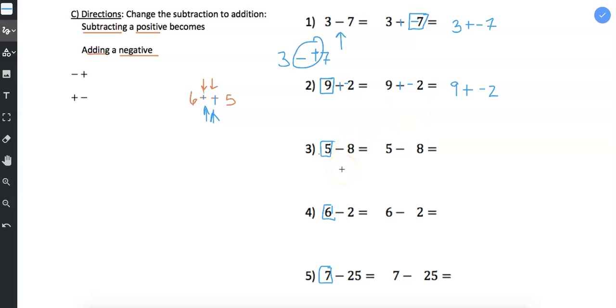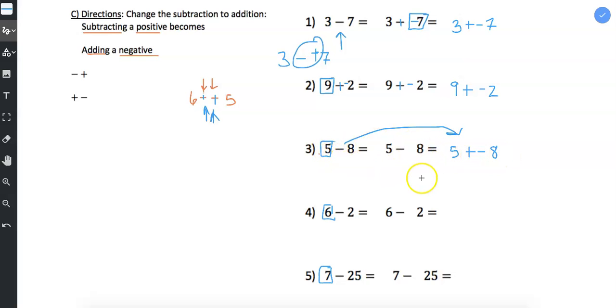All right, so this next one, I'm going to have us skip. So we're not going to show our work. We're just going to change subtracting 8 to adding a negative 8. I want you to get to the point eventually where you can go straight from realizing that 5 minus 8 is the same as 5 plus a negative 8.